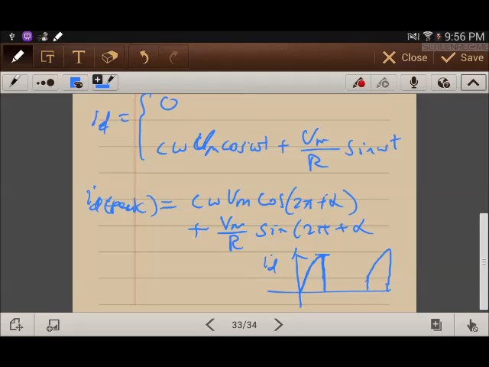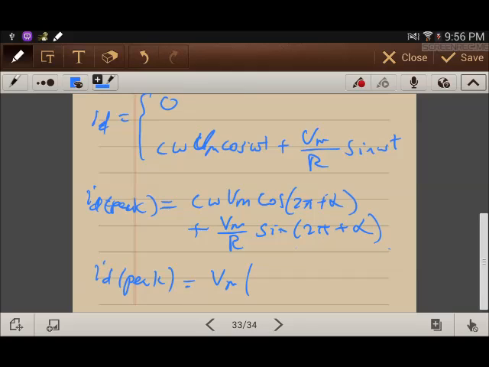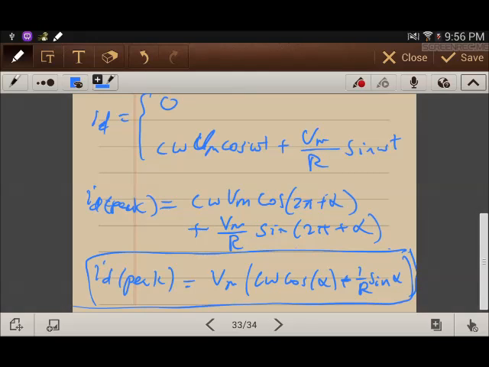So this is the peak value of the diode current. I diode peak is equal to, take V maximum out, and then it will be C omega cosine alpha plus 1 over R sine alpha. So this is how to calculate the peak value of the diode current.